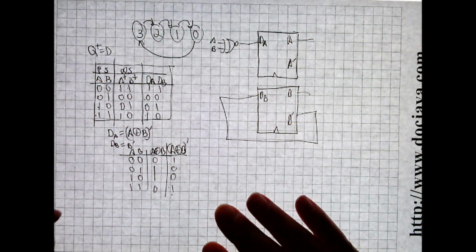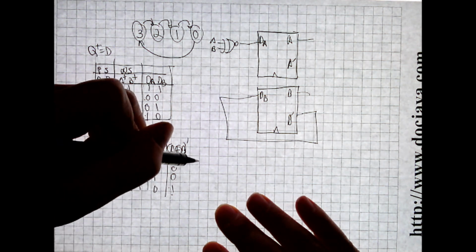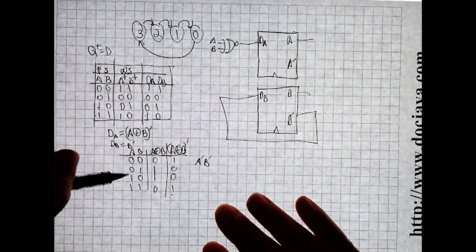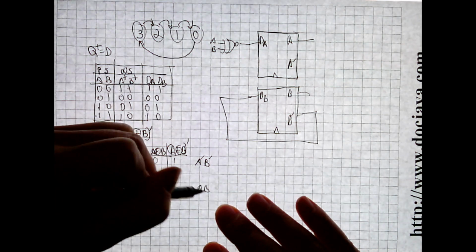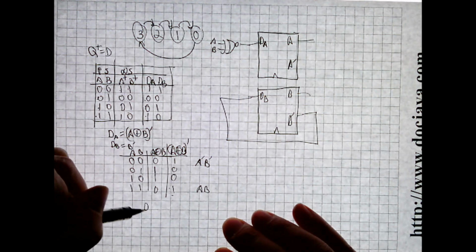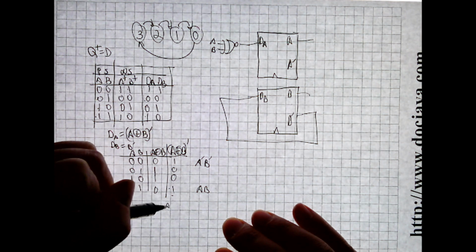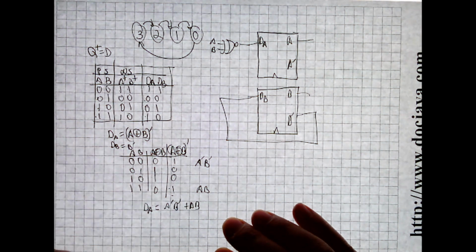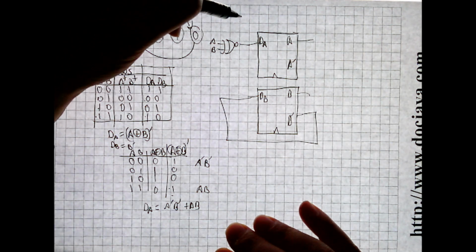No, if you don't know that this is exclusive NOR, what you could do is say that it's equal to A' B' or AB. So then you could write that D sub A is equal to A prime B prime or AB, which is the same thing as exclusive NOR.